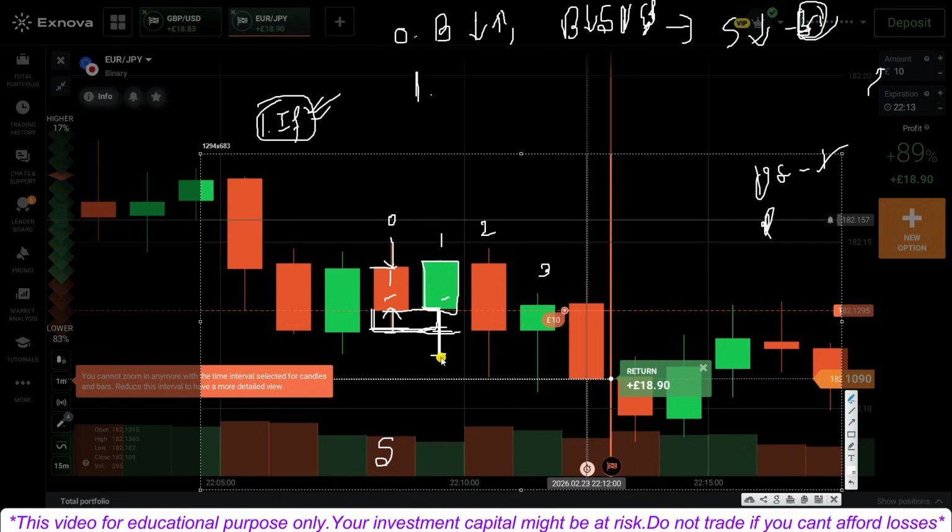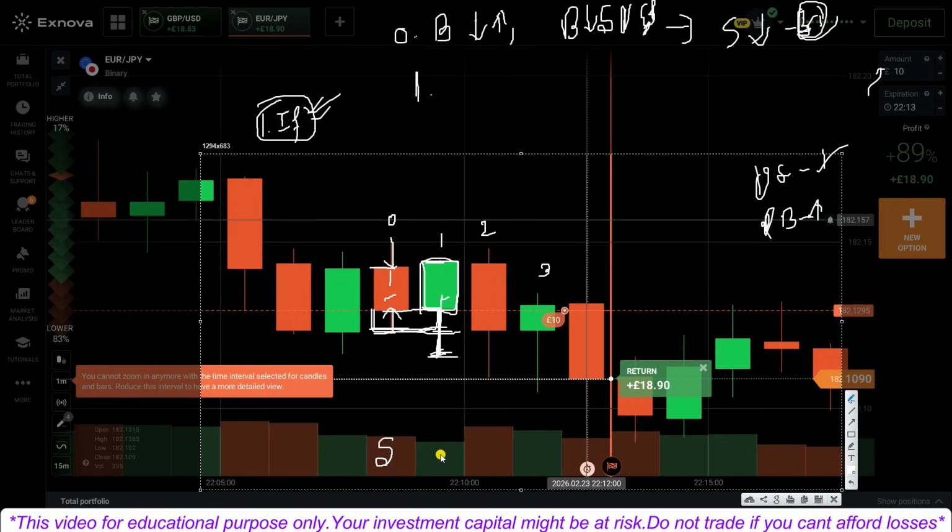Second point, when the buyers reject from the lower side, they are saying that we are still strong, countering the sellers. They counter from the lower side to the top of the green candle. So basically they are saying that from the lower side to the top, we are buyers. So overall there are full of buyers.